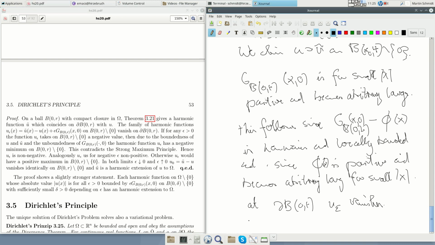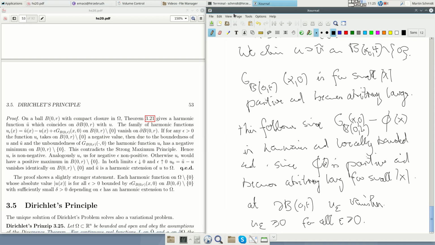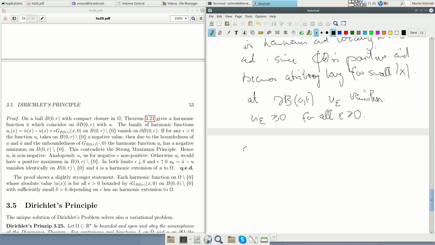So this is excluded. So we have u epsilon is larger or equal to 0 for all epsilon larger than 0. And now the same argument shows that for negative epsilon, this is very negative, so u epsilon is smaller or equal to 0 for all epsilon smaller than 0.